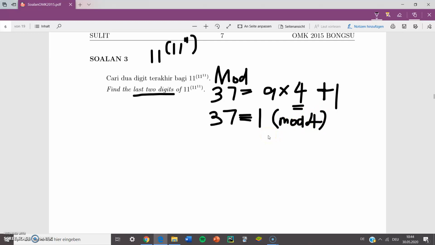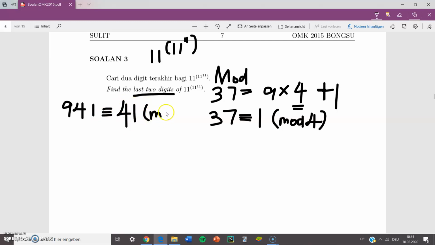So yeah, this is the basic understanding of modular arithmetic, and we will be using it to deal with this problem. For last two digits, let me give you an example: 941. What are the last two digits? 41, right?